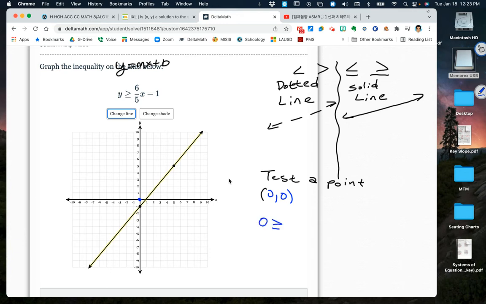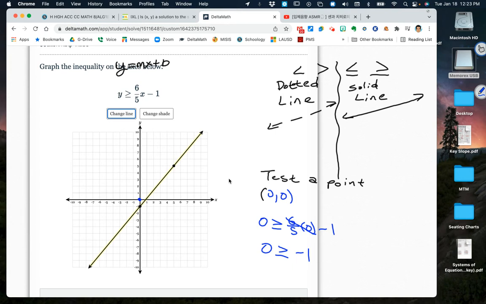So here we go. 0 is greater than or equal to 6/5 times 0 minus 1. Well, of course, 6/5 times 0 goes away. I'm left with this inequality: 0 is greater than or equal to -1.